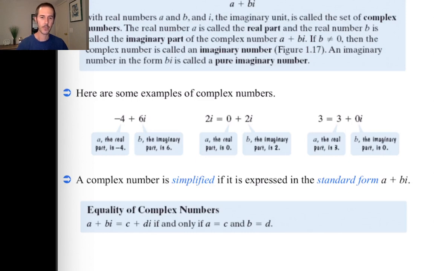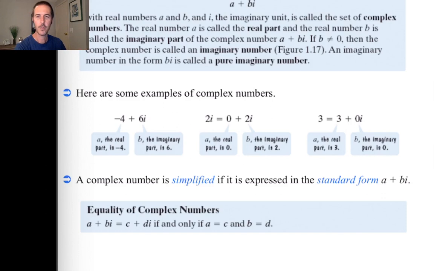Your a value is the 3, but your b value is a 0, leaving you with a purely real number. So again, the first example is a complex number, the second example is a purely imaginary number, and the third example is a purely real number, which means that the first example has real and imaginary as part of the same number. That sounds complex.